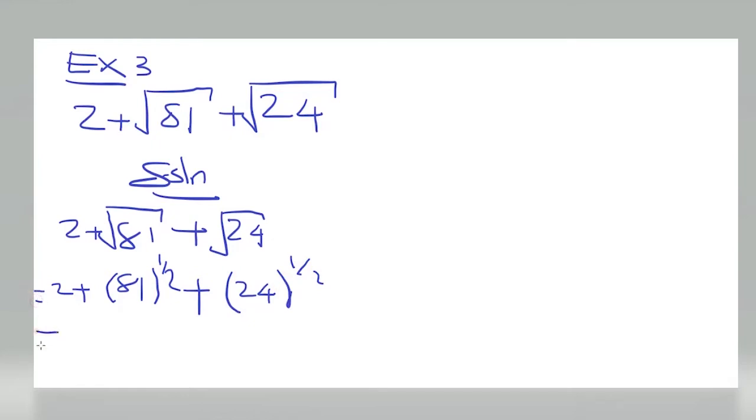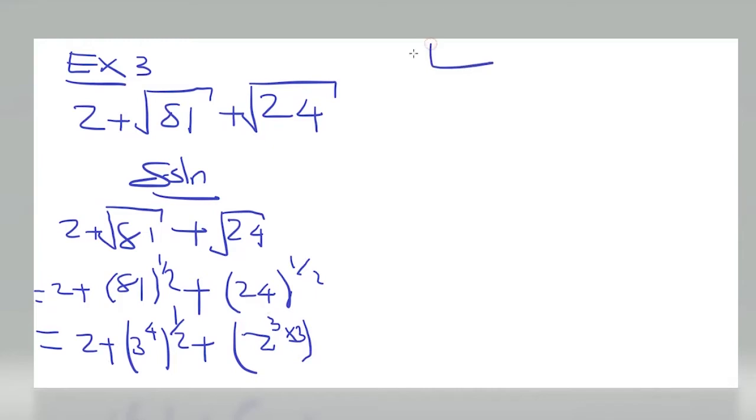Now this one will be equal to 2. The factors of 81 are 3 power 4, then power a half, then plus the factors of 24, which are 2 times 2 times 2, which is power 3, then times 3. I know you remember how to find the factors of a number.